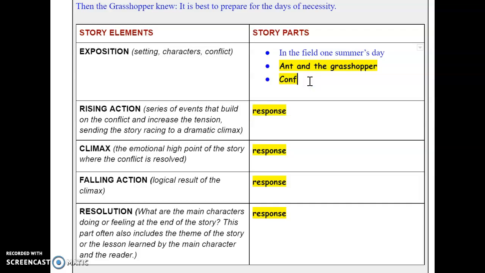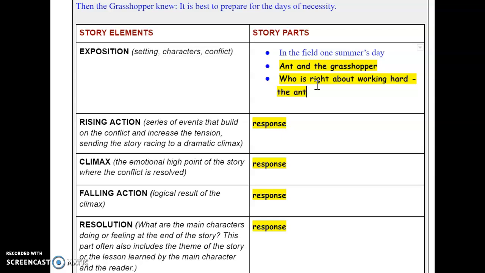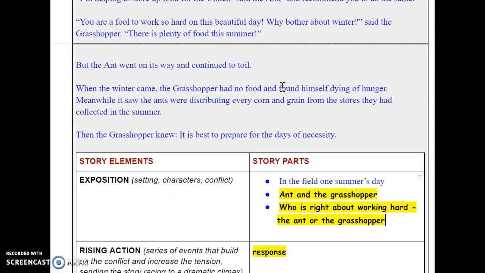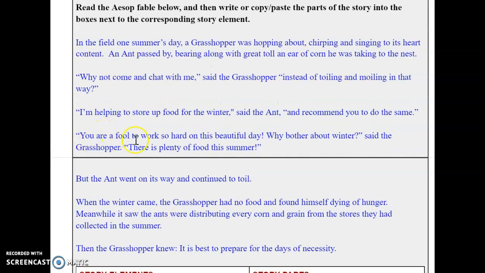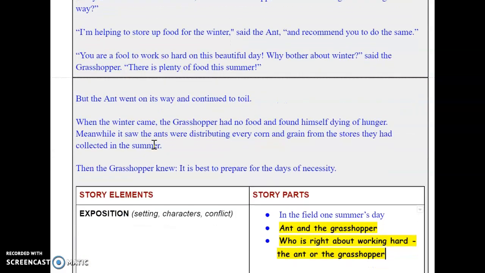So the conflict is, who is right about working hard, the ant or the grasshopper? And I think about that because the grasshopper says that he's a fool. He's kind of making fun of the ant.